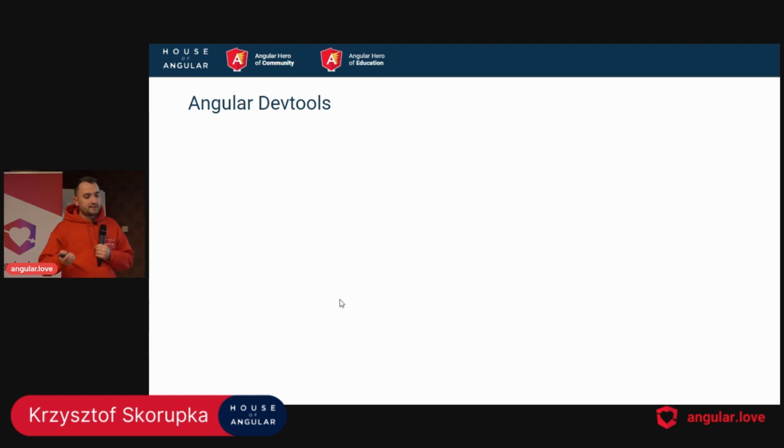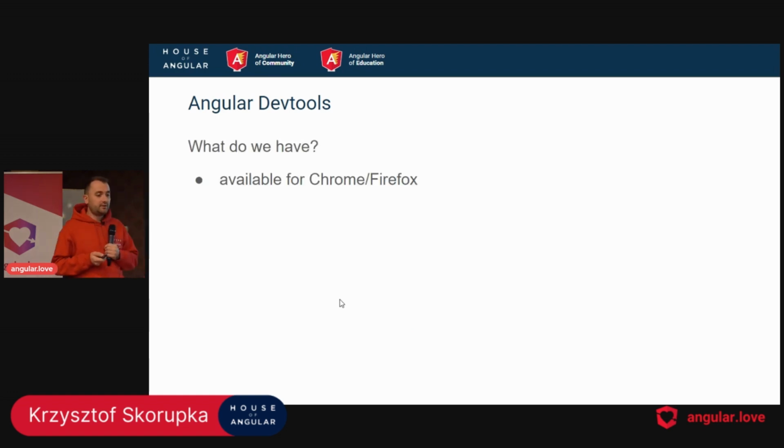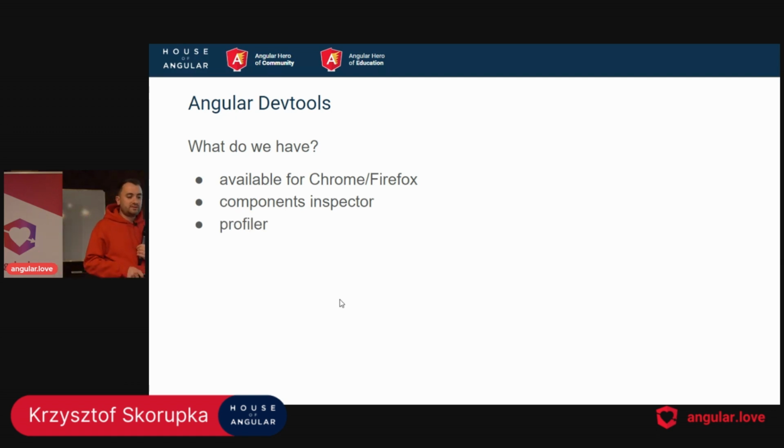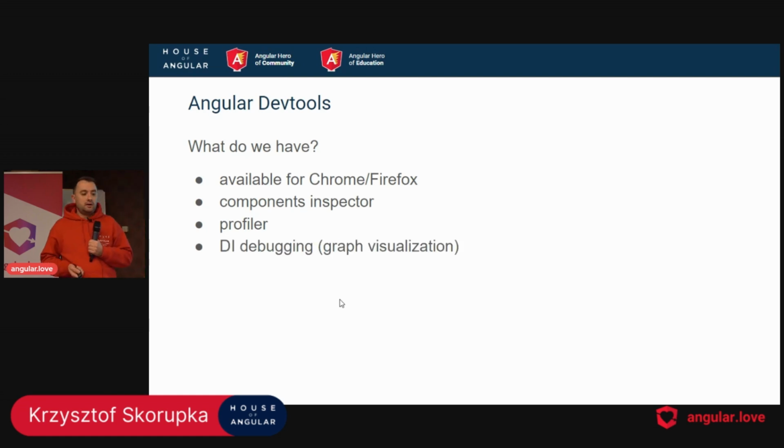Okay, so then let's just quickly iterate through the other stuff that we have here. So Angular DevTools, they are available for Chrome and Firefox as an extension, and they have this components injector where we can play with the components on our web page, with inputs, properties, and so on. The profiler, where we can check our change detection runs, and DI debugging graph visualization.